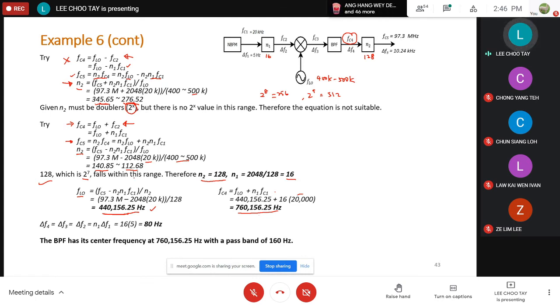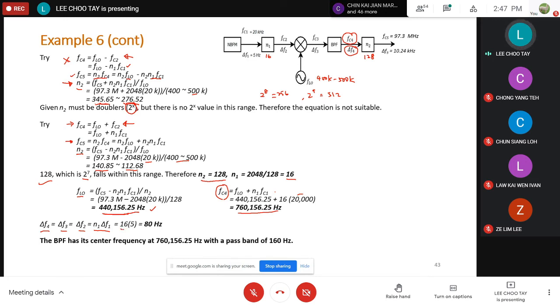So you know that your bandpass filter needs to center at this frequency, FC4. And what is the pass band then? To know your pass band, you need to know what is your delta F4. Delta F4 will give you the pass band for your bandpass filter. So delta F4 is the same as delta F3, the same as delta F2, which is N1 delta F1.